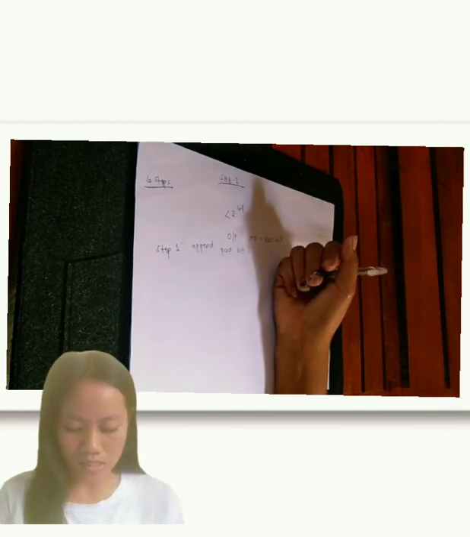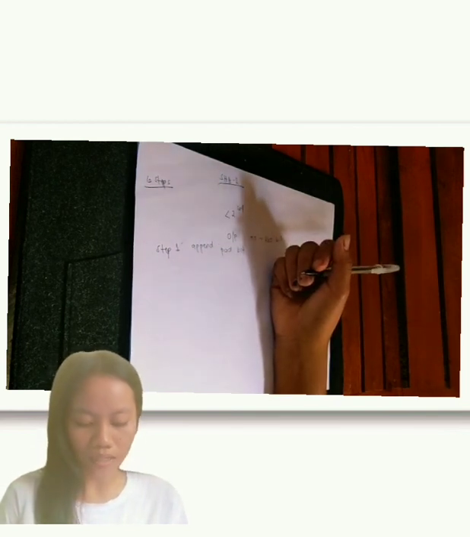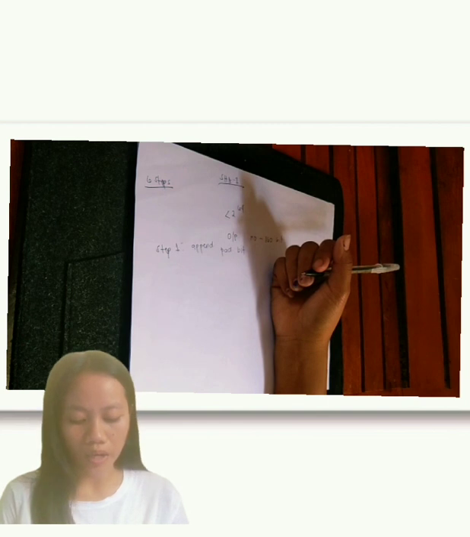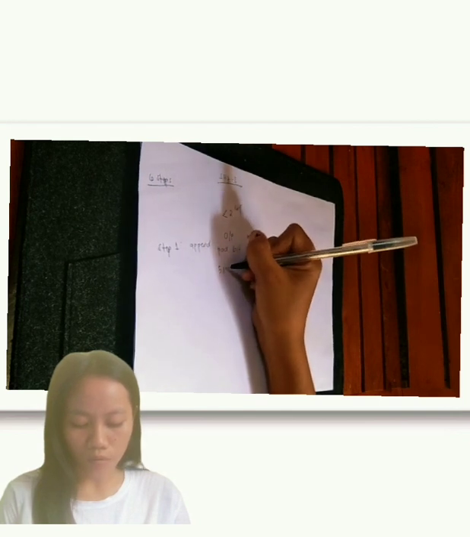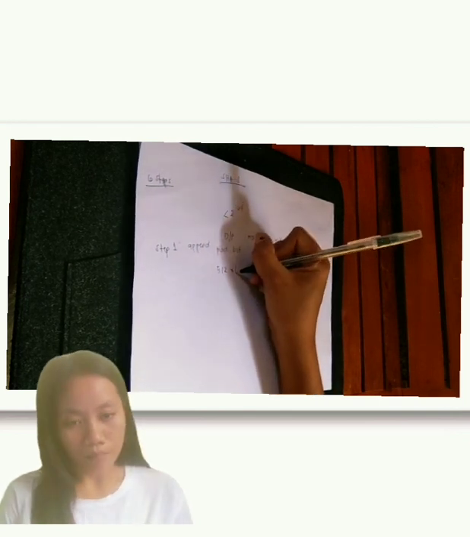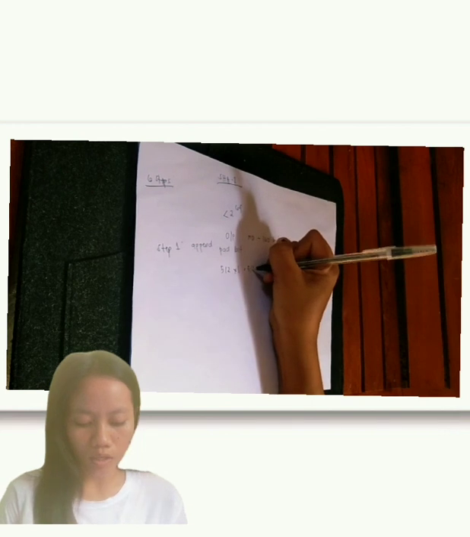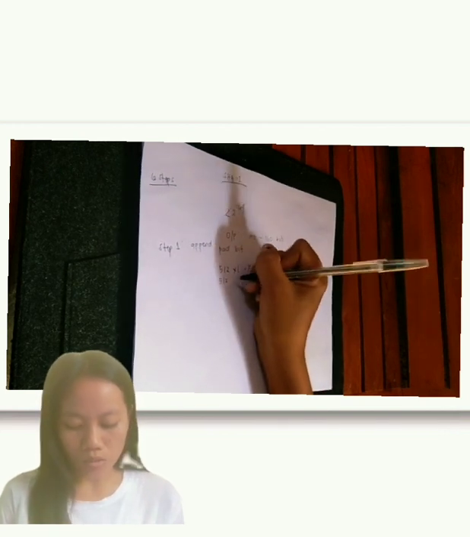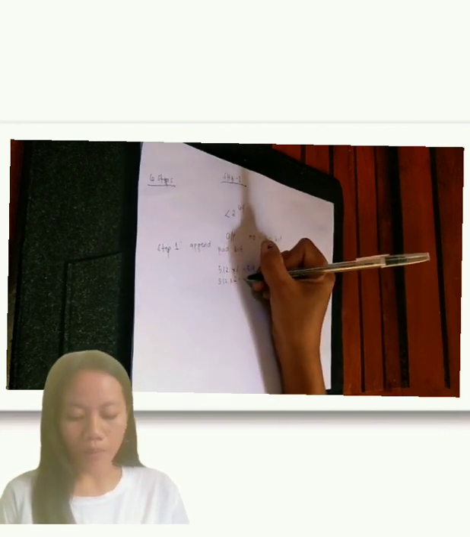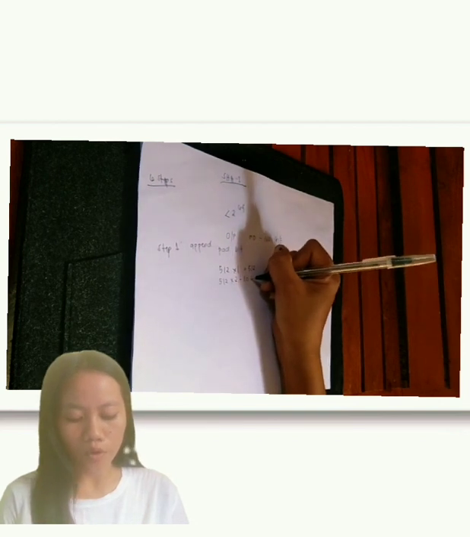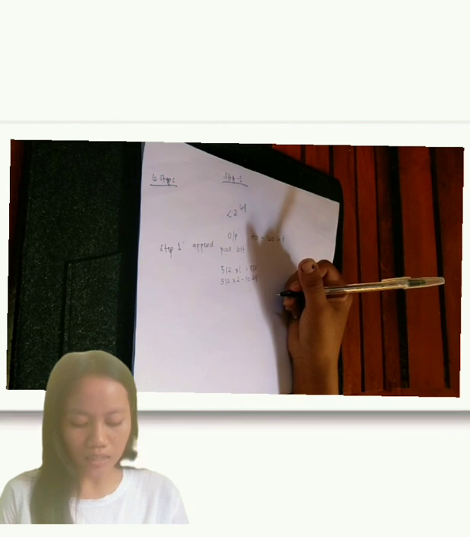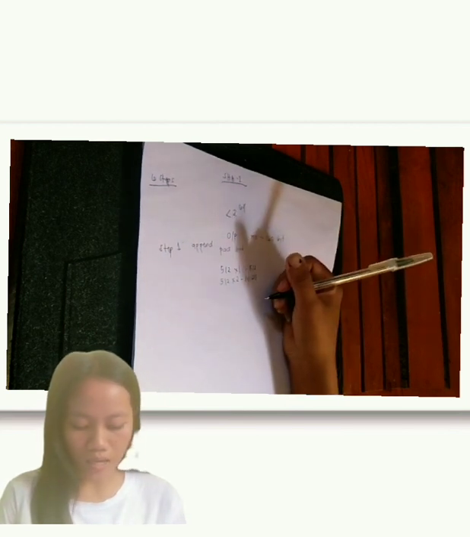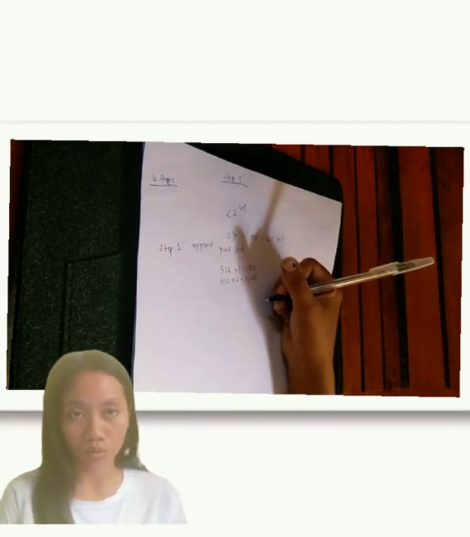In this step, I'm going to add bits in such a way that the padded message is a multiple of 512. A multiple of 512 means 512 times 1 is 512, 512 times 2 is 1024, and so on.